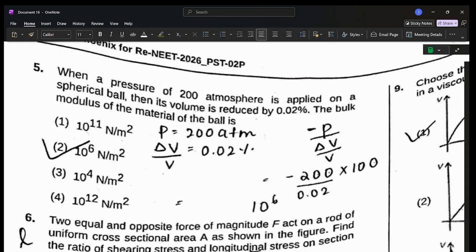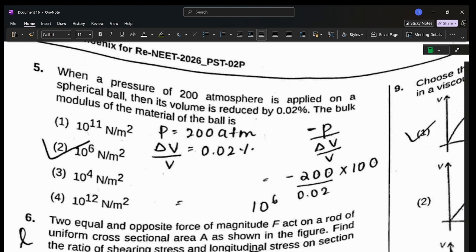So remember that delta V by V is 0.02%, right? That is also fine. The bulk modulus of the material. Firstly, you need to know the formula for bulk modulus, which is B is equal to minus P divided by delta V by V. Usually there's a negative sign for this because volume is usually decreasing, but even if you ignore it, it's fine. You know what P is, 200.